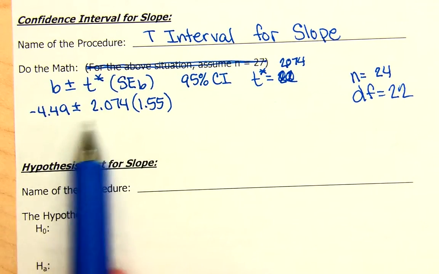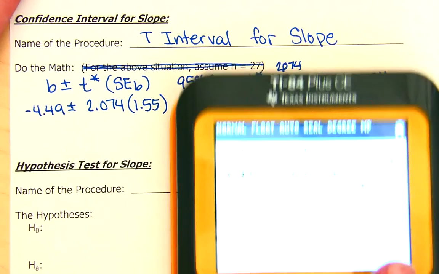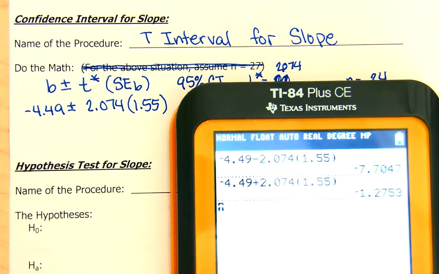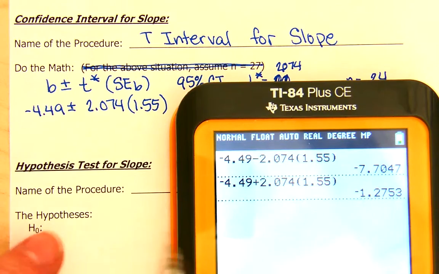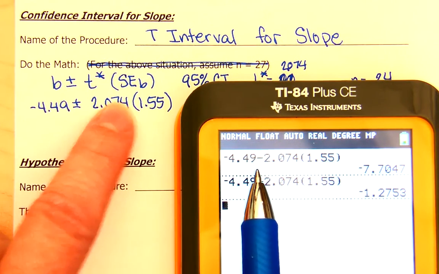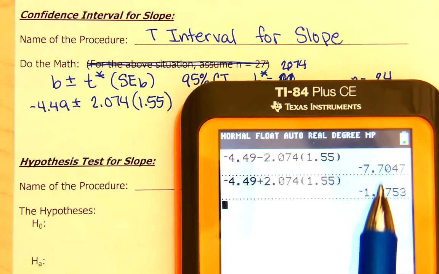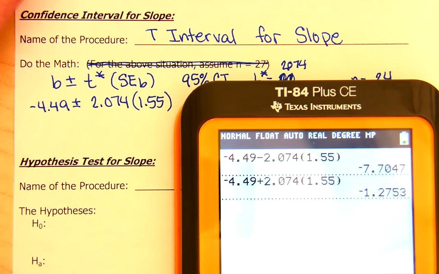Okay, so to find the confidence interval from this is what I put into my calculator. So I just did the 4.49 minus this, and then I did 4.49 plus this. And so that gives me my two values for my confidence interval. You always want to go smallest value first and larger value second.